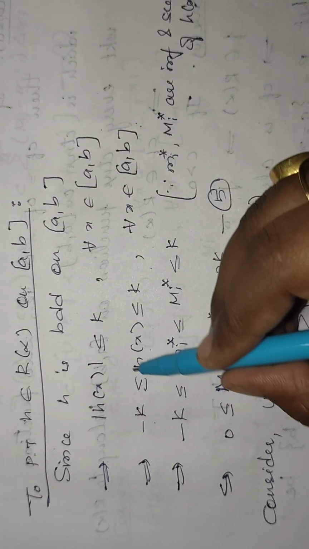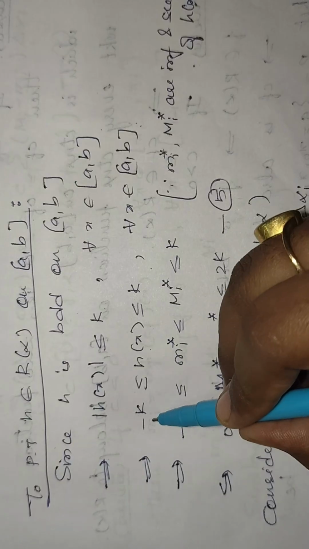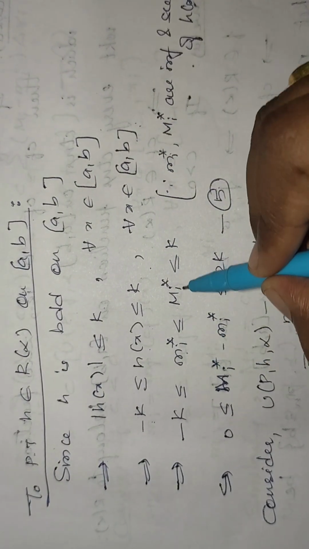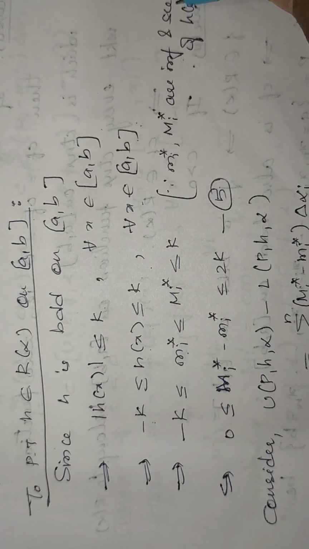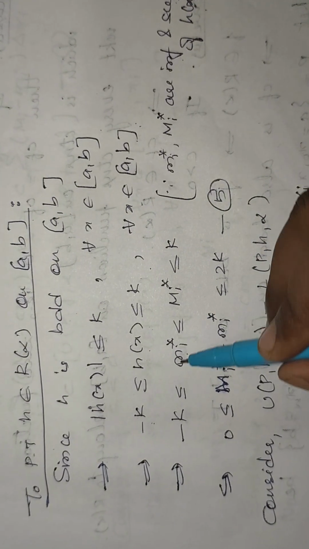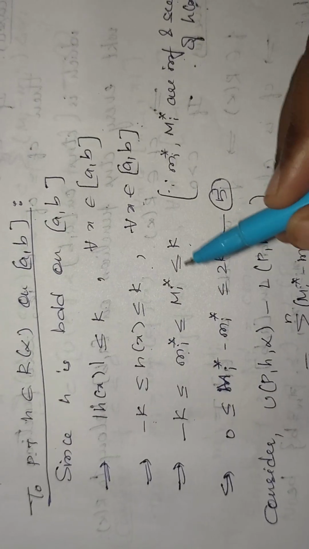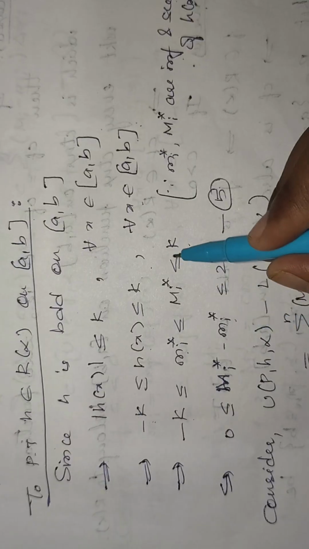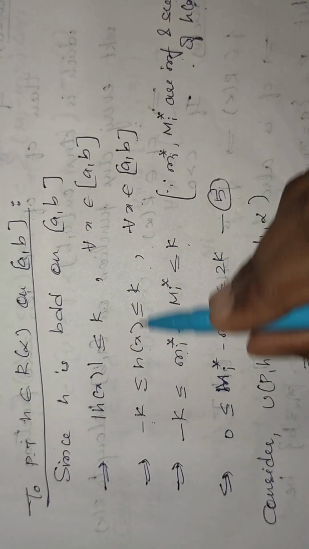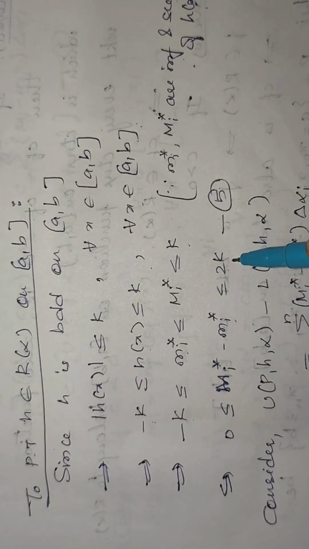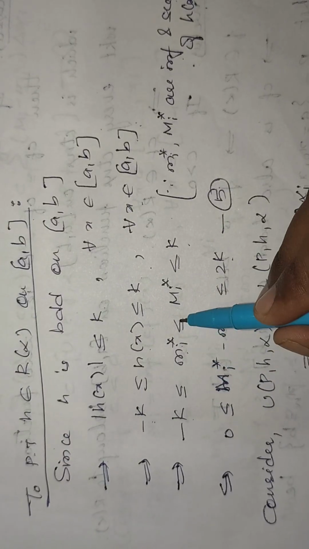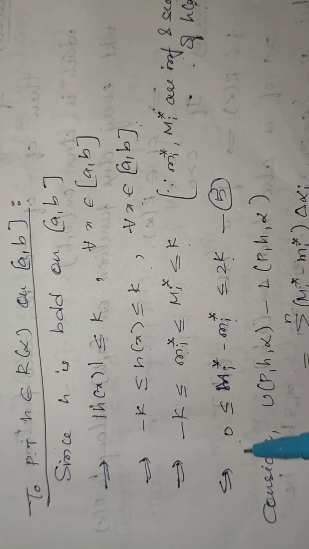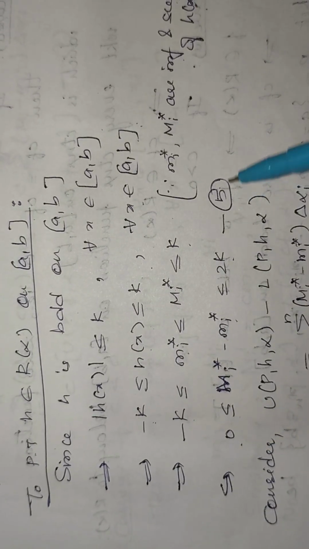And since h(x) is in between minus k and k for all x belonging to AB, then this small mi star and capital Mi star, which are the infimum and supremum of h(x), also lie between minus k and plus k. And this implies Mi star minus mi star is less than or equal to k plus k, which is 2k. And this minus this is greater than or equal to 0. So name this as equation 5.